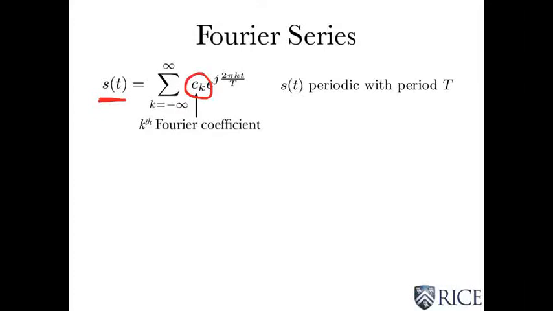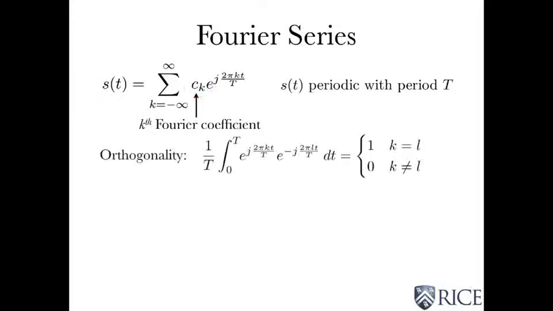Well, the question is, what are those c_k's? How do you find them? Well, we're going to use properties of harmonically related complex exponentials, which is extremely important. And it goes by the technical term orthogonality.